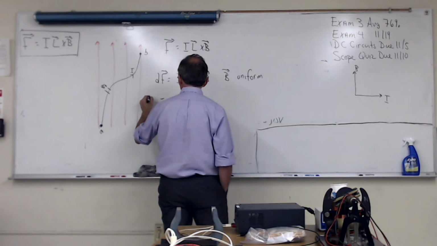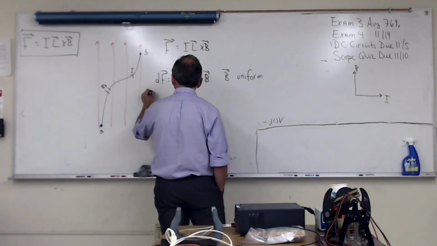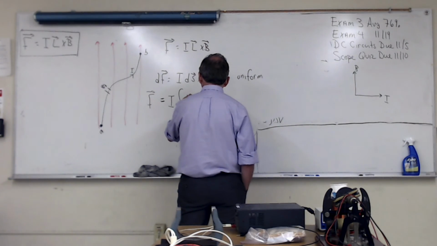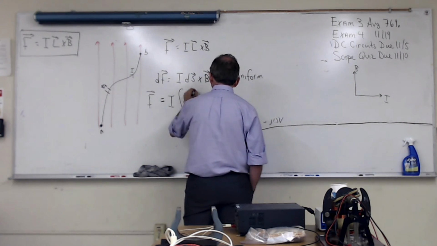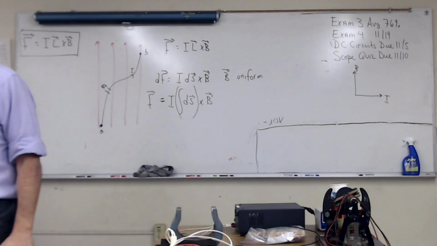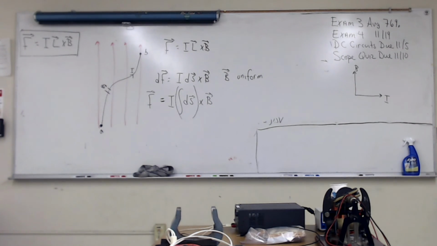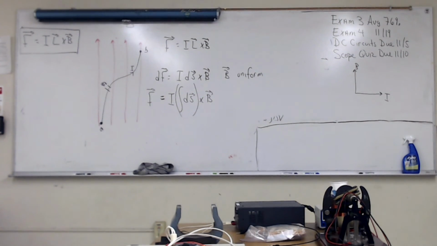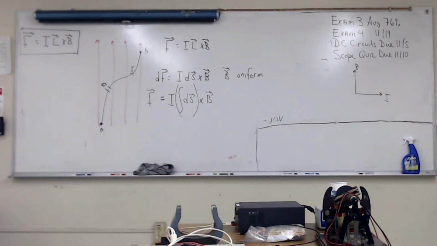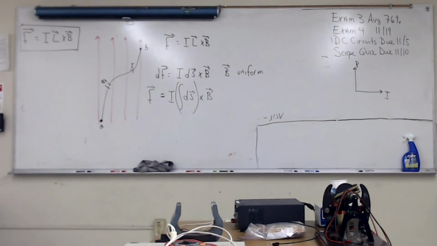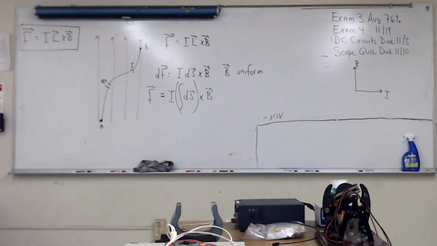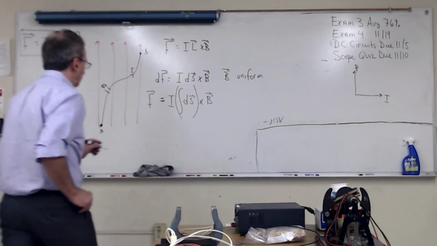So if I integrate this, I is constant, B is constant. What does that integral in parentheses represent? The integral of ds is just a displacement.